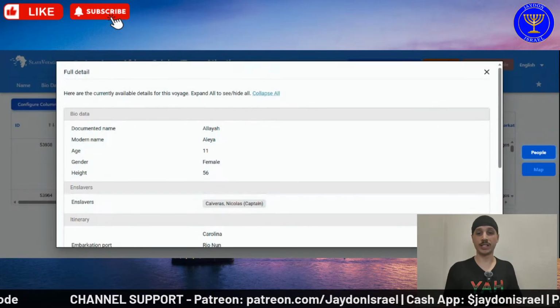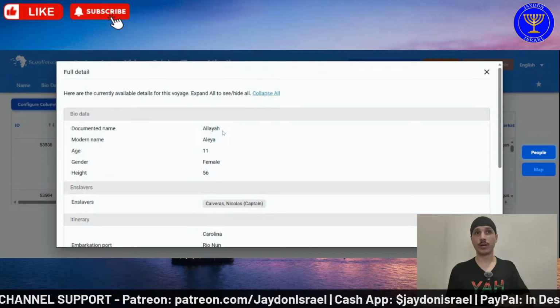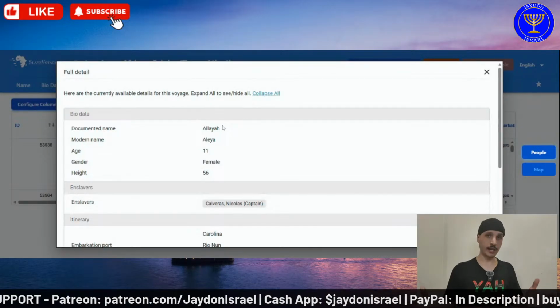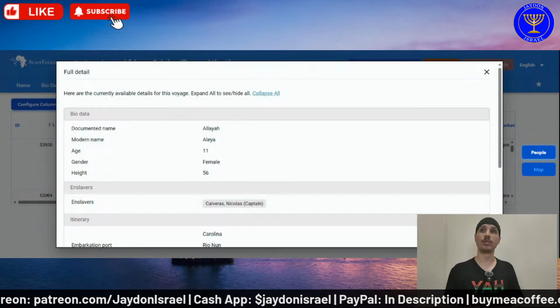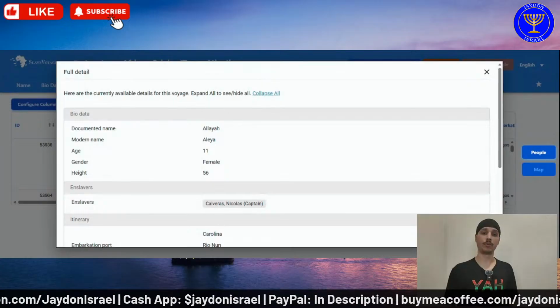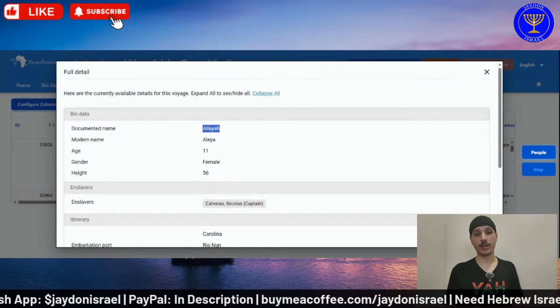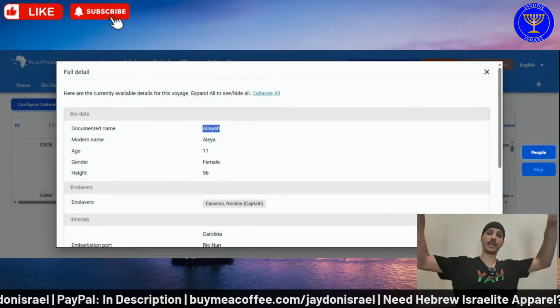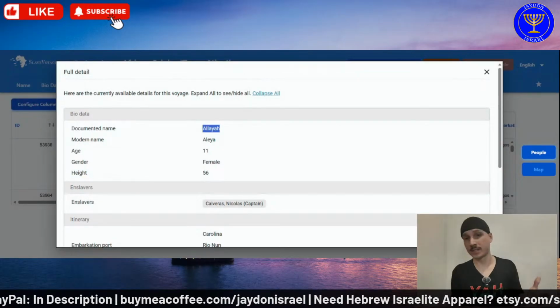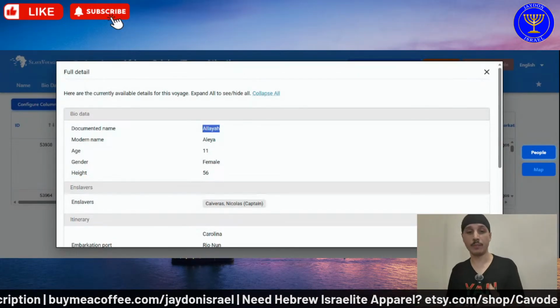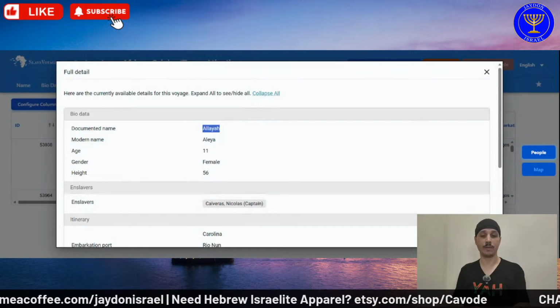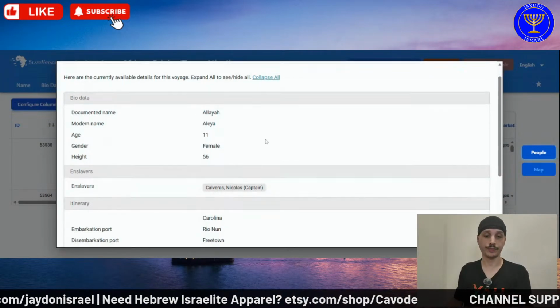So this could be connected to the word Aliyah, the singer Aliyah, which is a Hebrew word, which means ascension. Yah is above. Yah ascended. Yah is above. Possibly this is what this could mean. What I'm bringing out is that there's a connection here.